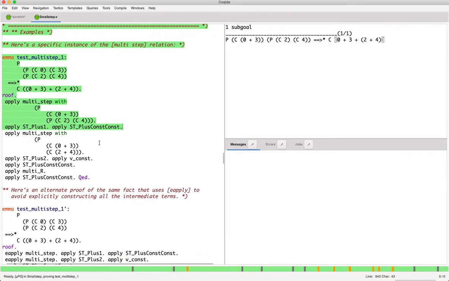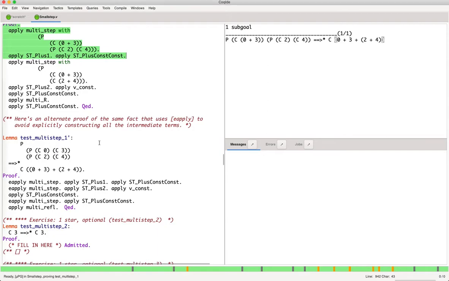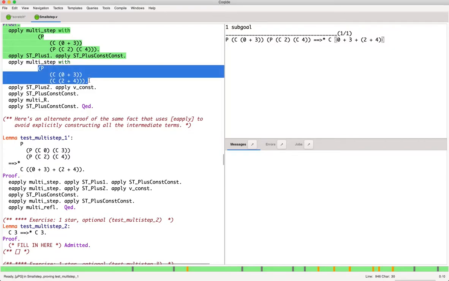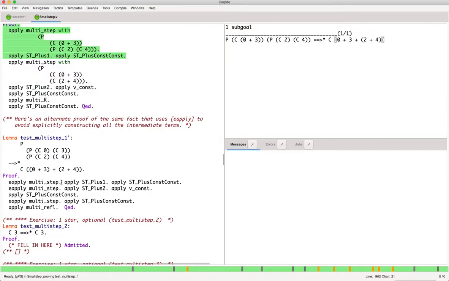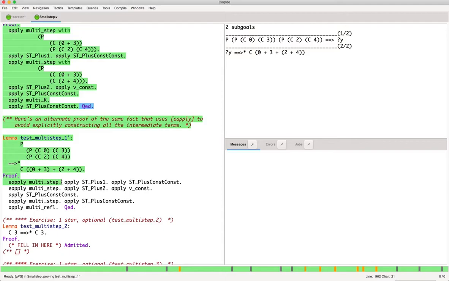A slightly simpler version of the proof is using eApply, so that you don't have to come up with these intermediate forms manually, because the existential variables will let you do that.